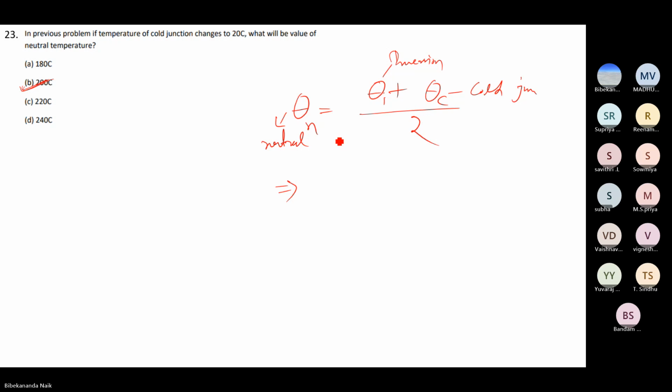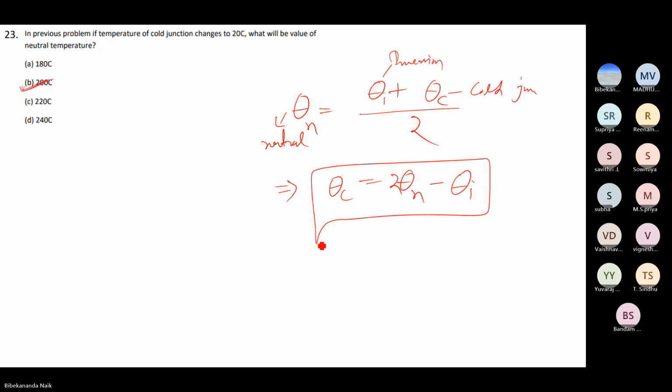So theta c will be 2 theta n minus theta i. This is the relation between the neutral temperature, inversion temperature, and cold junction.